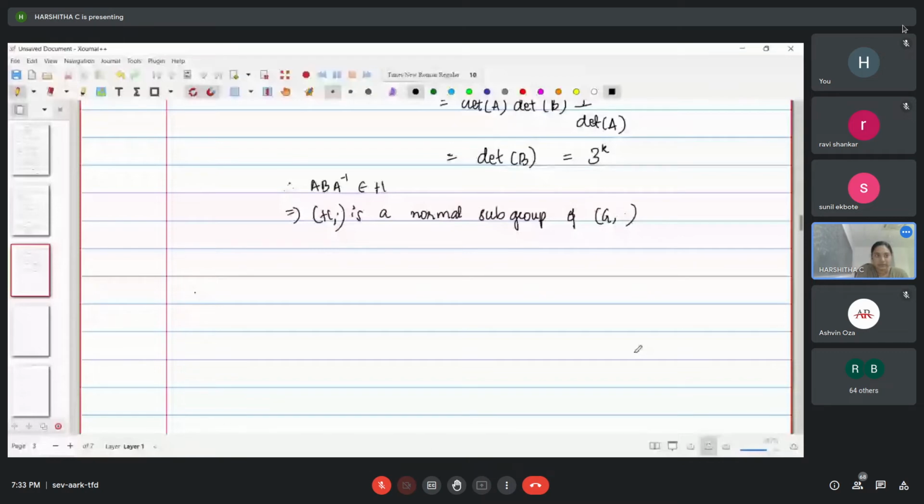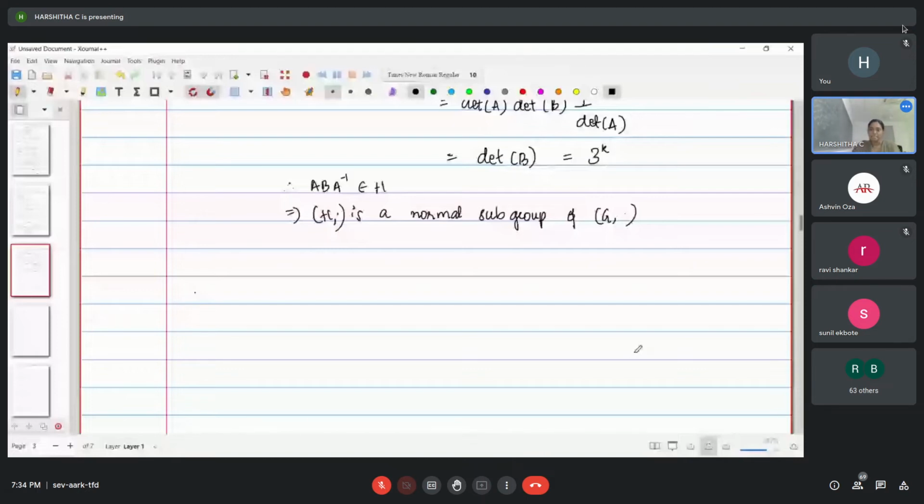A group G is said to be cyclic if there exists some element in G such that every element in G is basically generated by this. When we say generated, it is some power of this element.